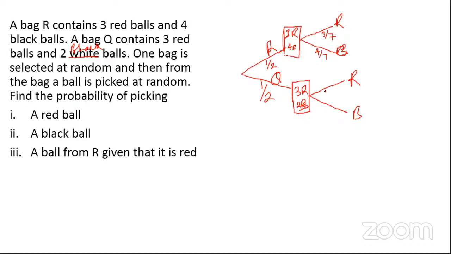Then when we go to bag Q, the probability of picking red would be 3 over the total, which is 5. Then this would be 2 divided by 5. Any question before we proceed?